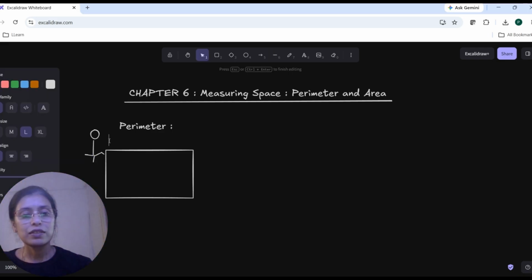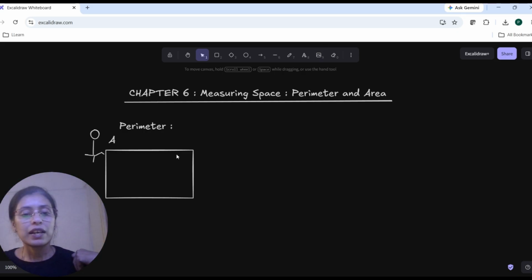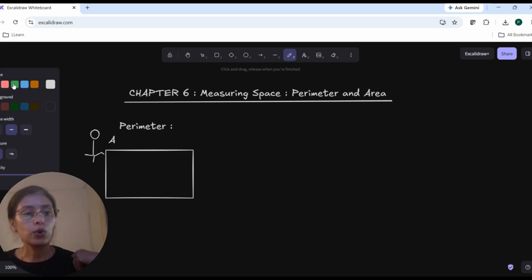So you start from this point A, which is this corner, right? And then you go around this park, reach this corner, take a turn, and then again go back here.